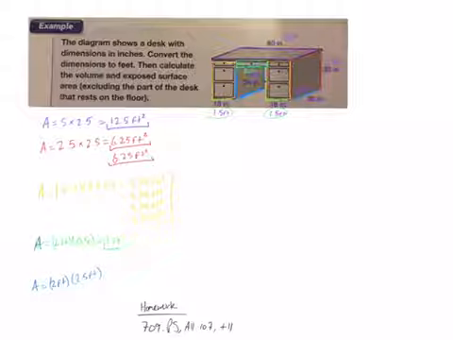So 2 times 2.5 is going to give me 5 feet squared. There's another piece. And notice there'd be one on the inside over here, right? So I'm actually going to have 2 of those.